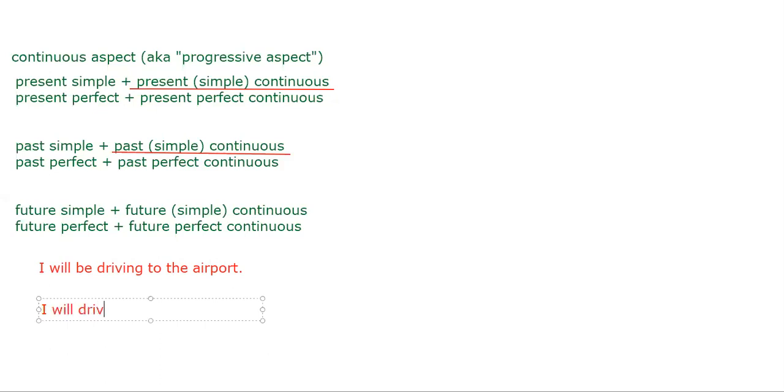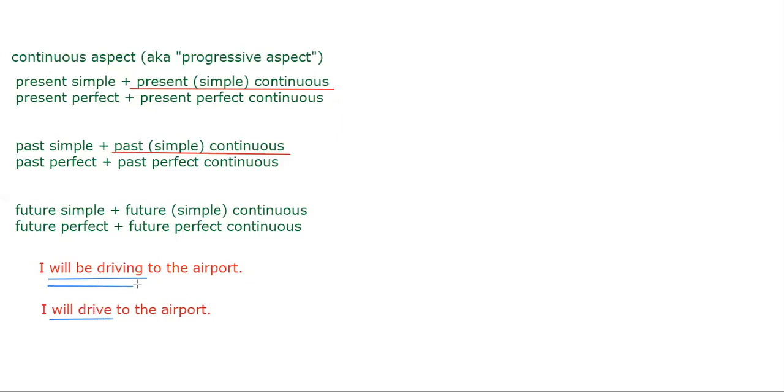I will drive to the airport. You're wondering what the difference is between these? Honestly, there isn't much of a difference, but here's the thing. The first one implies some sort of ongoingness to the action. Like it implies that the action will be in progress, whereas this one just implies that the action will take place in the future too, but it'll be done. That's really the difference here.